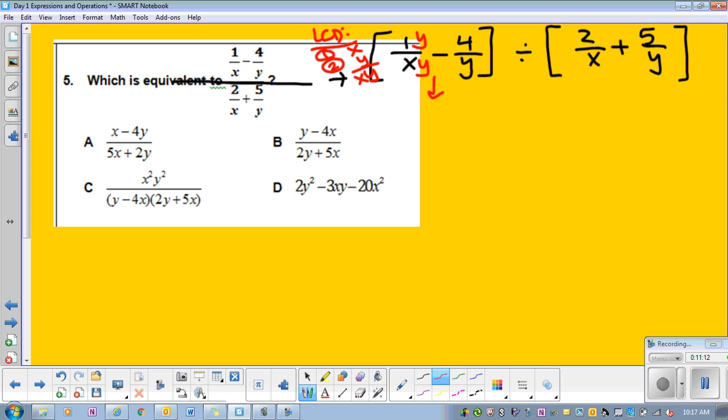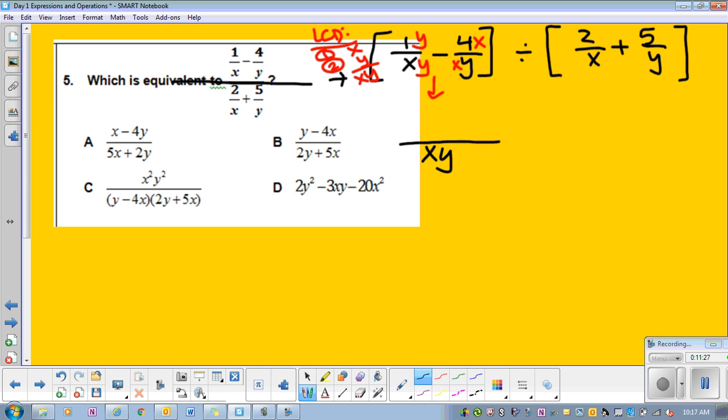All right, and the second fraction, what is that missing? X. Whatever you multiply on the bottom, you multiply on the top. So let's see what we get. XY on the bottom.